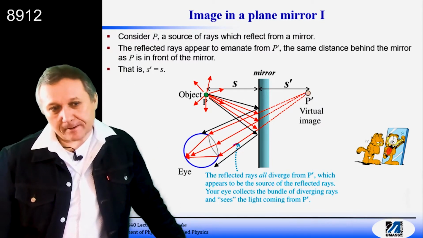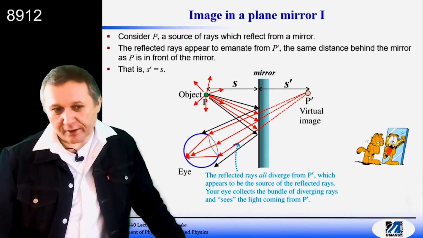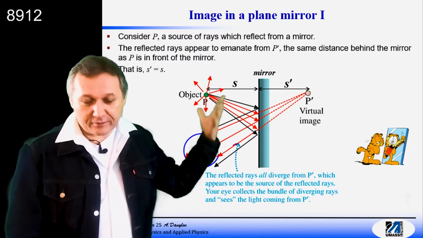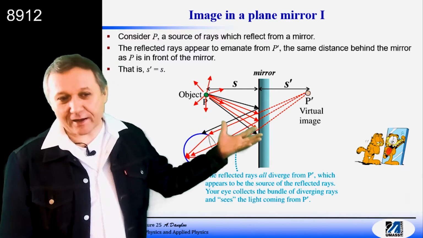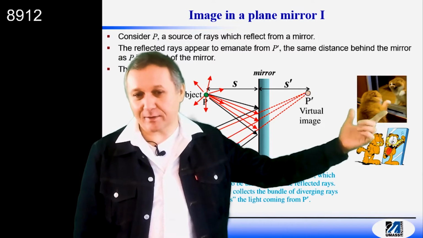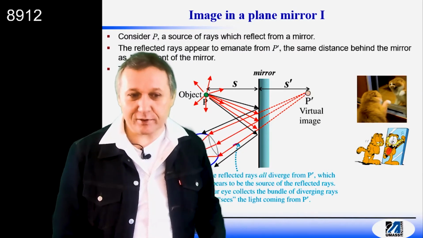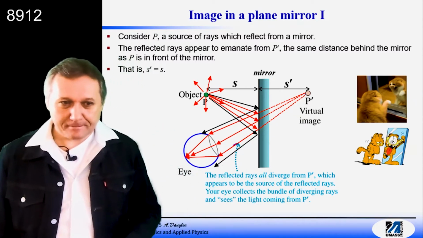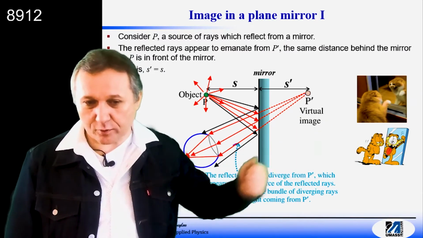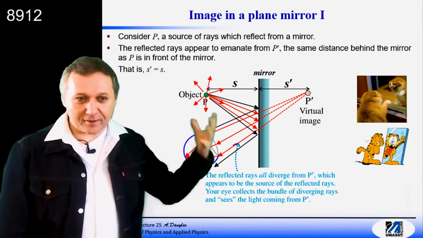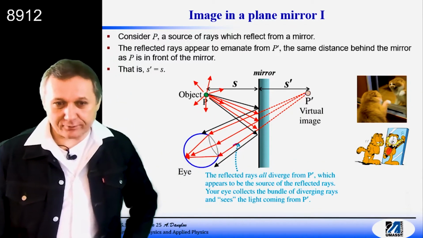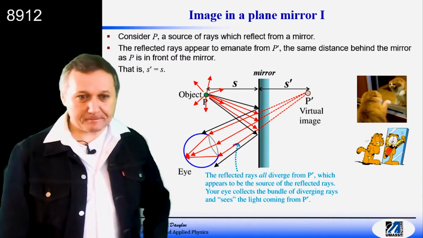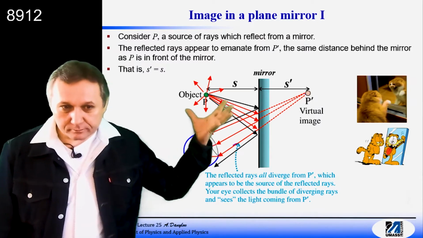But if our brains were not trained from the very beginning, when we were born, most likely we would have fun like cats, fighting with their own images, because their brains are not trained to understand that that is just a reflection, just a virtual image of them.